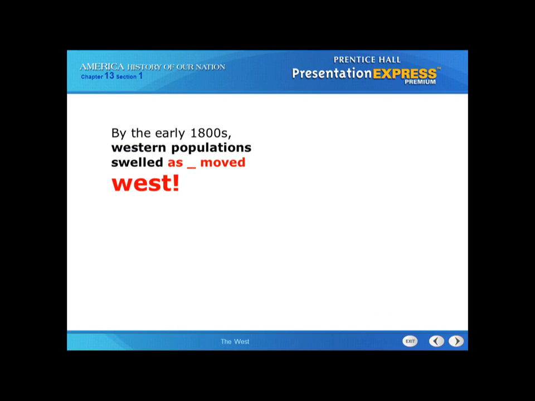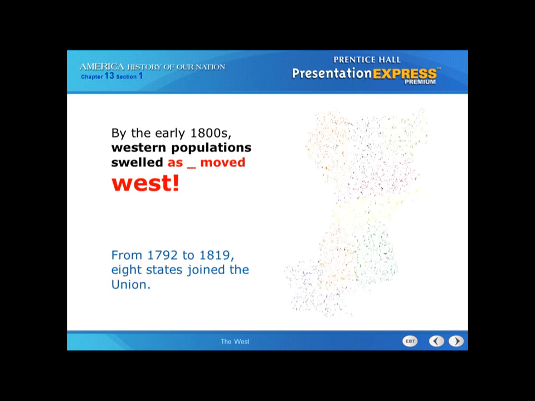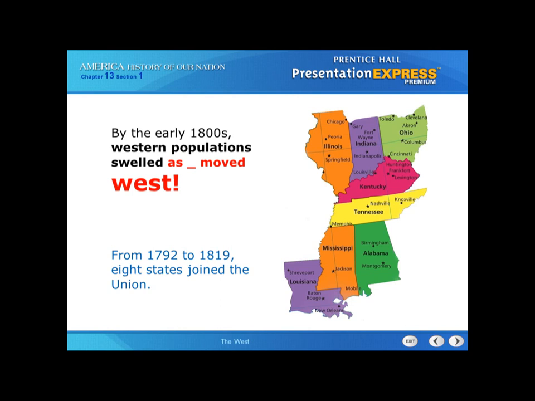By the early 1800s, Western population swelled as immigrants moved west. From 1792 to 1819, 8 states joined the Union. When we look at the map here, we can see some new states such as Alabama, Mississippi, Louisiana, Tennessee, Kentucky. Not Ohio, Indiana, Illinois.